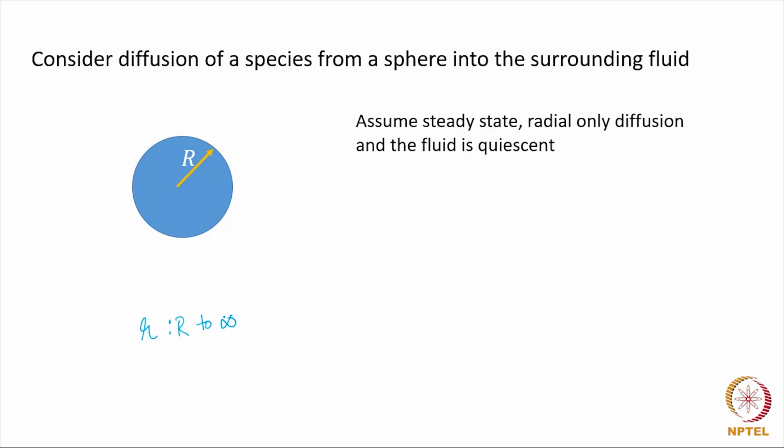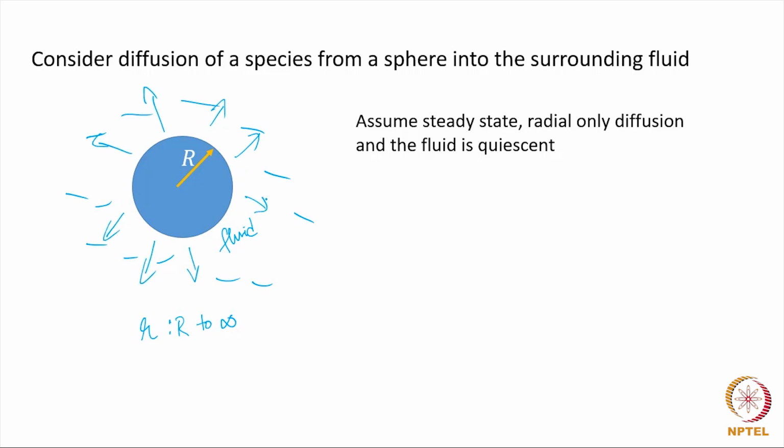So we assume that there is a steady state for this diffusion, and it is unidirectional, that is only radially outward diffusion of the species, and the fluid is all around, and the species is going in this direction away from the sphere.